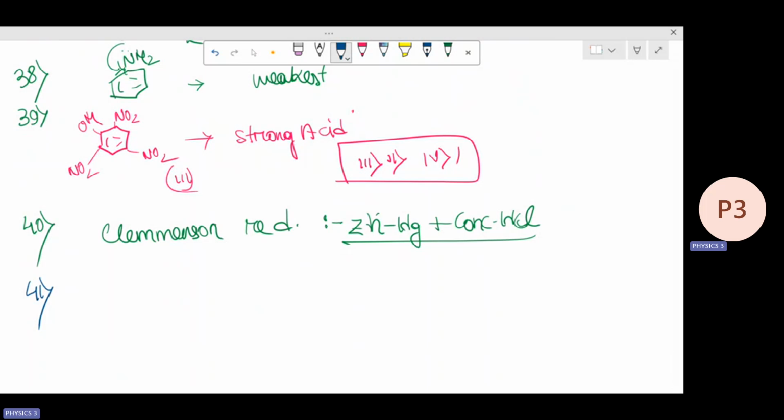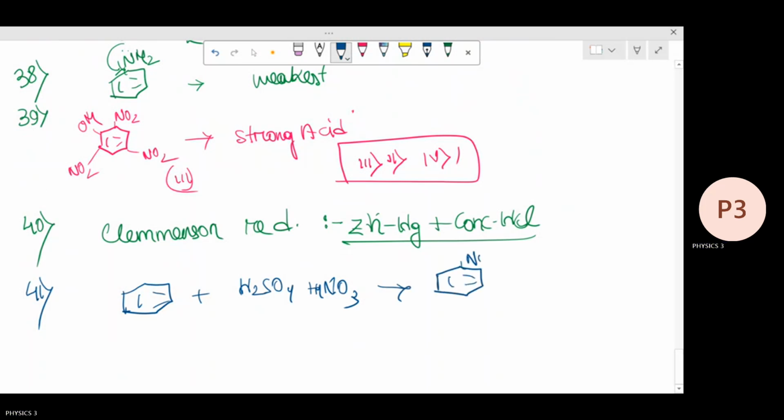If they react, they give compound B, which is reduced by Sn/HCl. If we take benzene and give it H2SO4 and HNO3, we are going to get nitrobenzene. And whenever we give Sn/HCl, it will change to NH2.